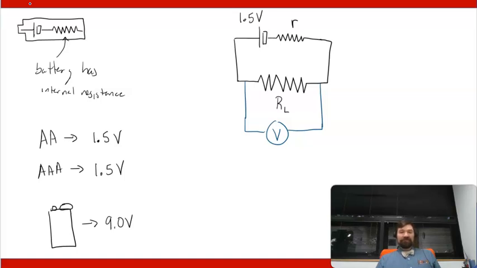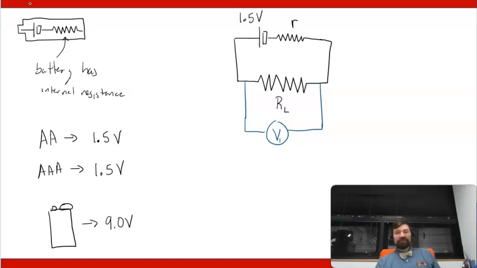So if you've paused your video and thought it over, I've told you that the battery is 1.5 volts. You may be tempted to say, therefore, there's 1.5 volts across this load resistor. That would not be the correct solution, however. Because I have this internal resistance, some of this voltage is going to be across the internal resistance and some of it is going to be across the load resistance.